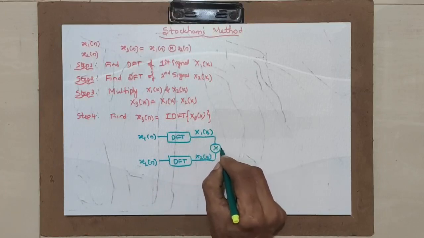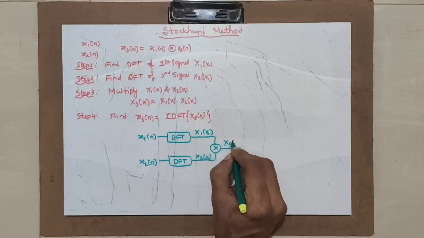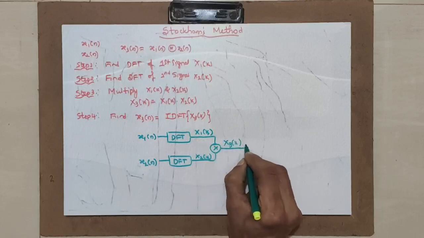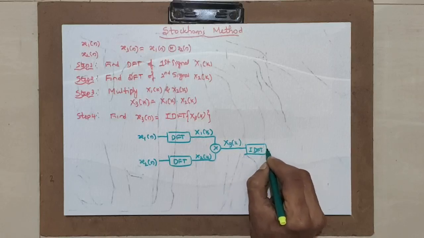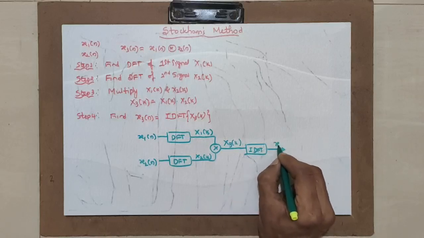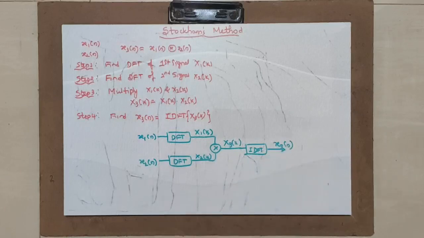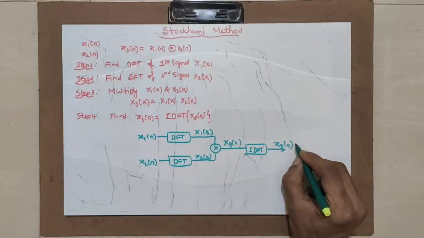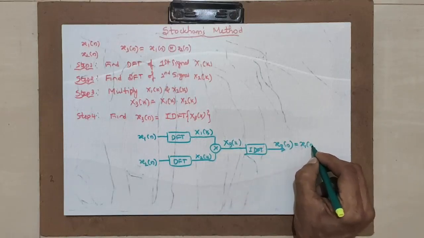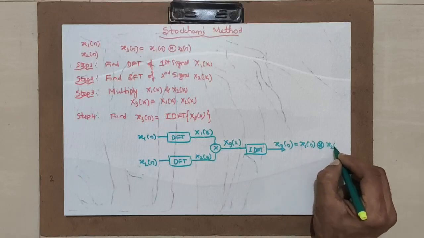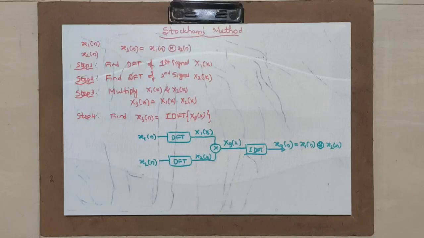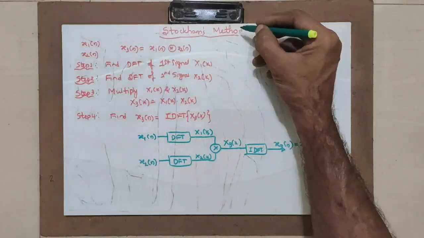Multiply both, you will get x3k, find IDFT, you will get x3n, which is nothing but x1n circularly convoluted with x2n. This is called Stockham's method.